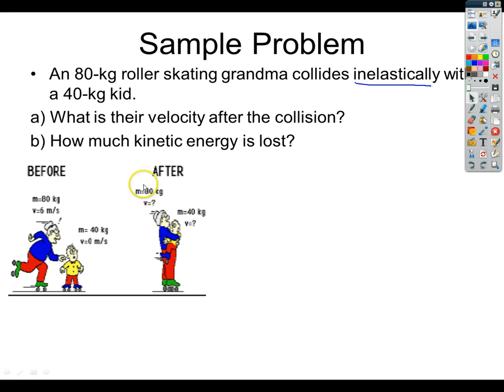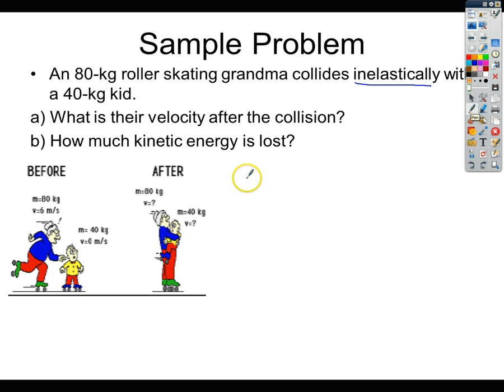After the collision, you'll notice that we don't know what her speed is and we don't know what his speed is. We can use the very simple equation: the sum of the initial momentum should be equal to the sum of the final momenta.